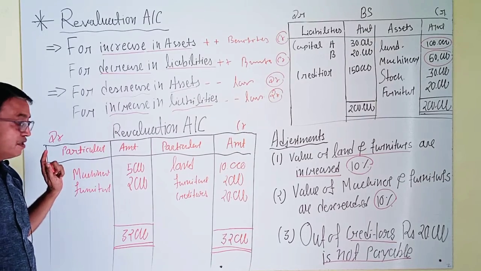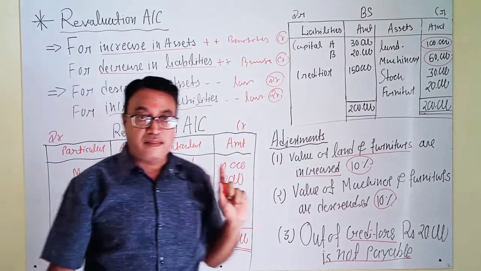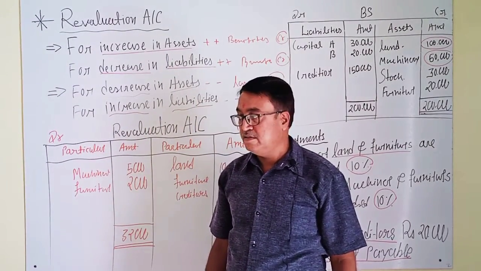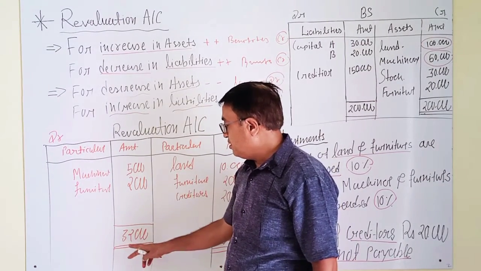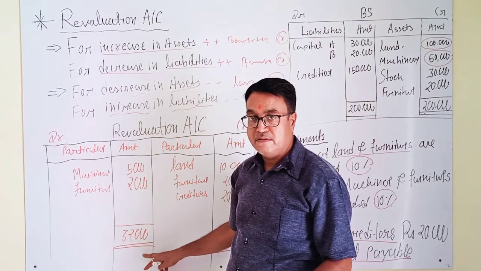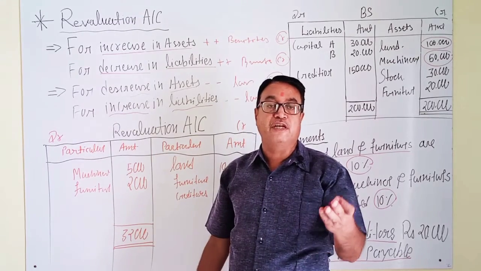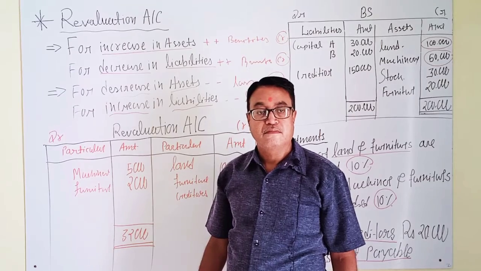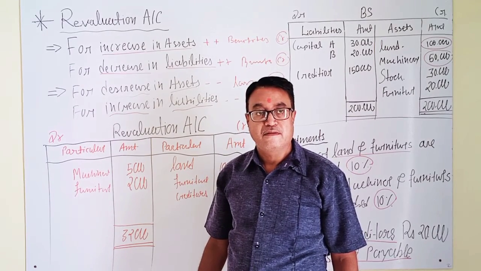Oh, no, it's the wrong answer. What will be the answer? 32,000 first and minus 7,000. Please give me.